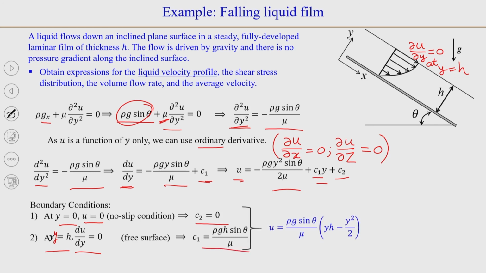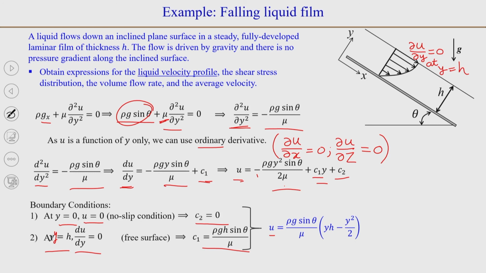Okay. So, when we substitute the values of C1 and C2, we will get u is equal to minus rho g y squared sin theta divided by 2 mu plus C1, which is rho g h sin theta by mu into y, and we can take rho g sin theta by mu out from it.